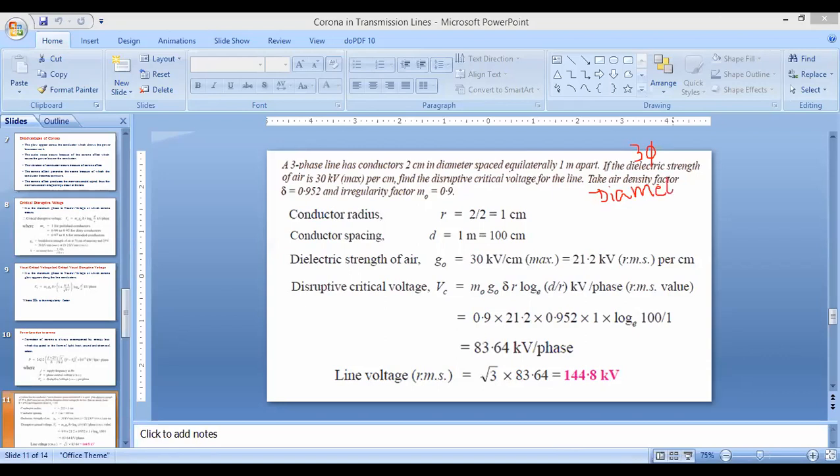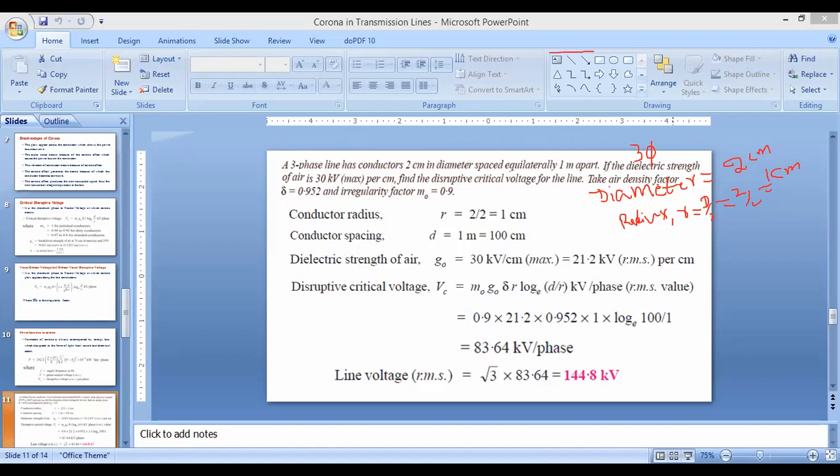The diameter is 2 centimeter, but we require the radius. The radius is half of the diameter, r equal to d by 2, that is 2 by 2, we are getting 1 centimeter.